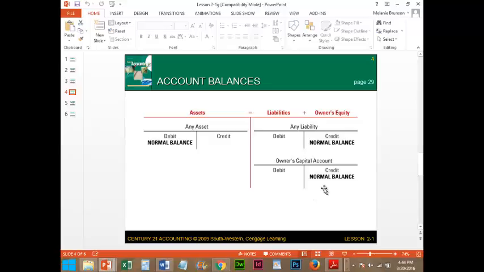So if my owner makes an investment, I would put that in my credit side because it's growing. If my owner ever took any money out as a withdrawal, that would be recorded as a debit. So just kind of look at this chart for a minute. Make sure you get what a T is. Debits on the left, credits on the right. Depending on what kind of account it is, it either grows with debits or grows with credits.